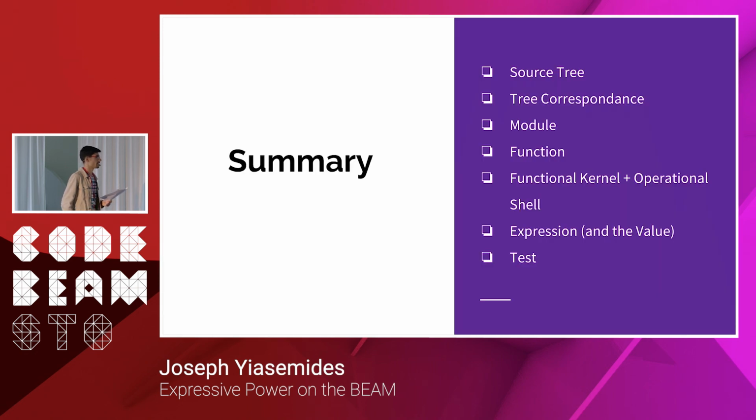Right. And I have a summary for you. So we looked at the source tree, and we saw how it can communicate a whole lot about our projects. And then we took that and moved on to the tree correspondence that we see between the directory tree and a supervision tree, and how that really spells out the concurrency that we've put together.